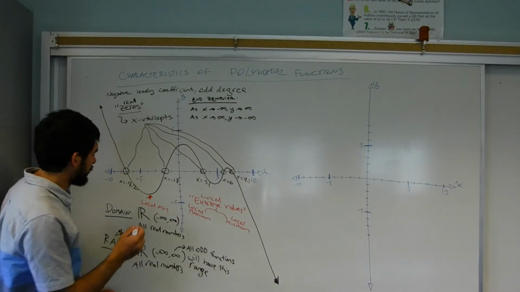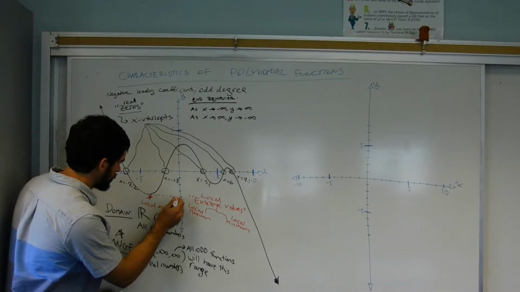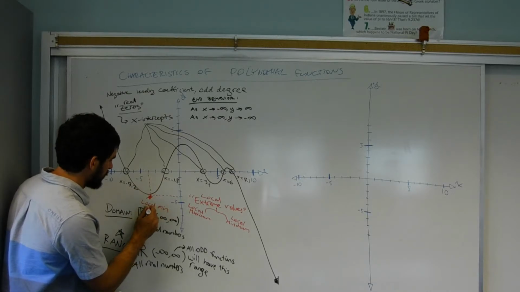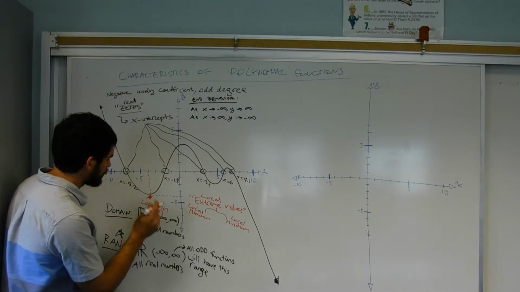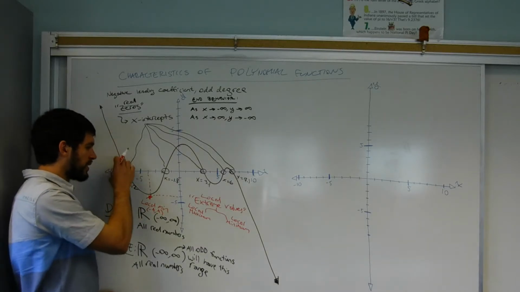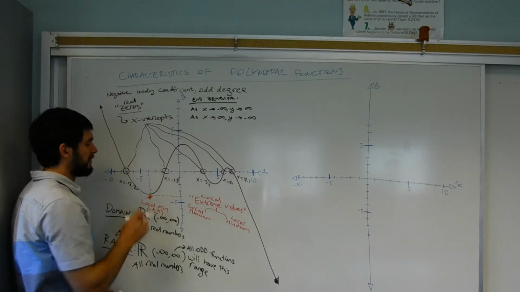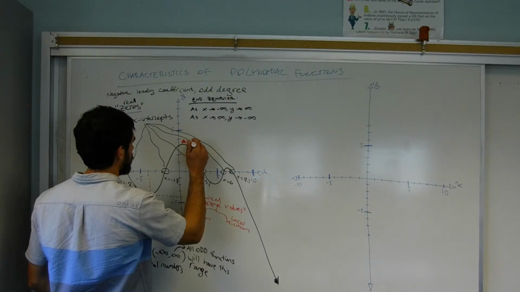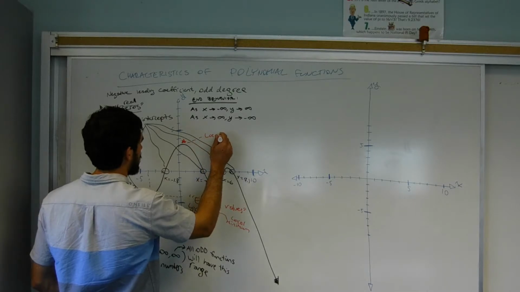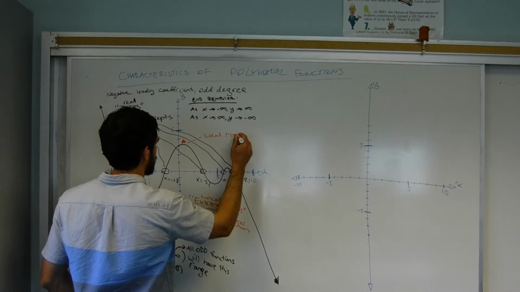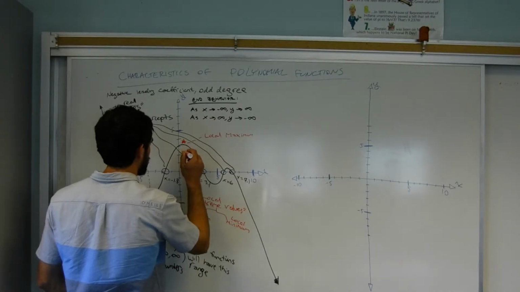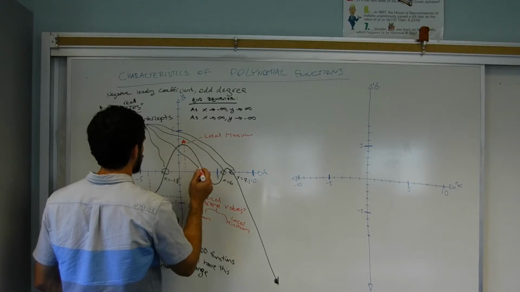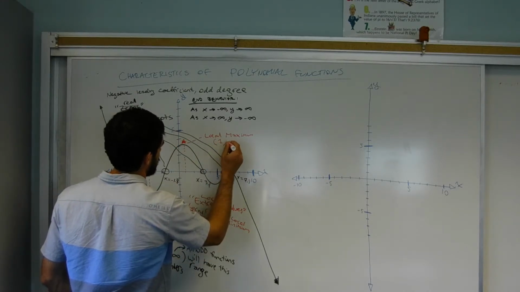This local minimum, if we want to estimate the point it's at, is about the point (-4, -4). A local minimum is always going to look like the bottom of the valley, whereas a local maximum would be the top of the mountain up here. So this is a local maximum, and it's at about (1, 3.2), for example.